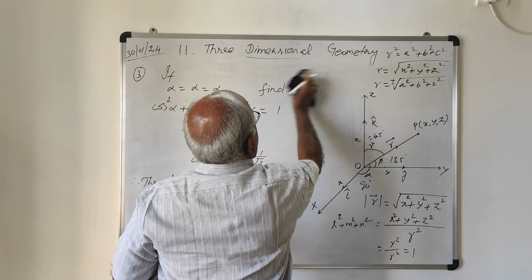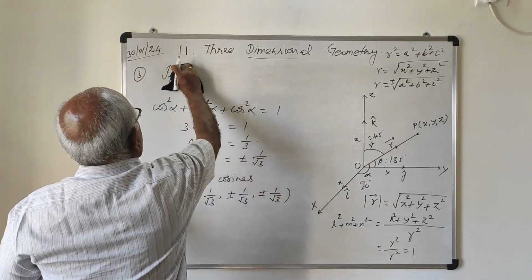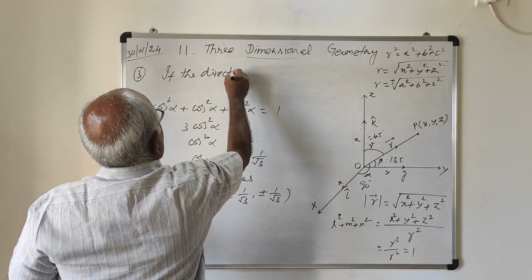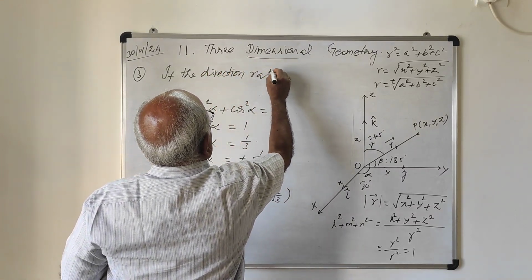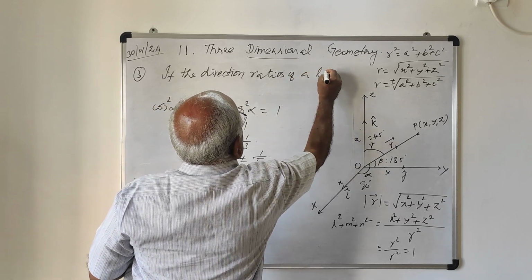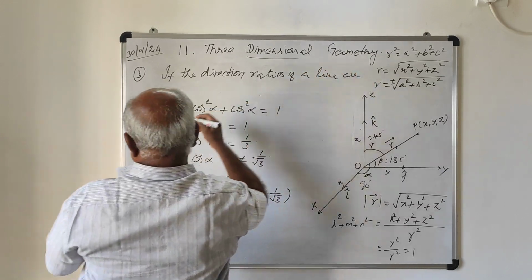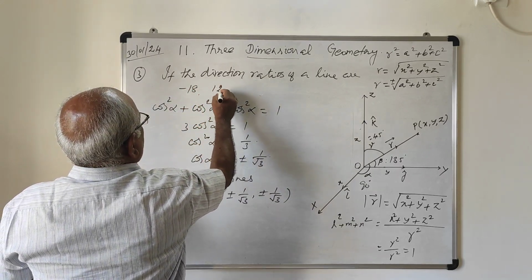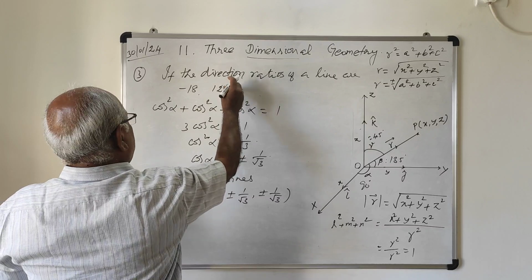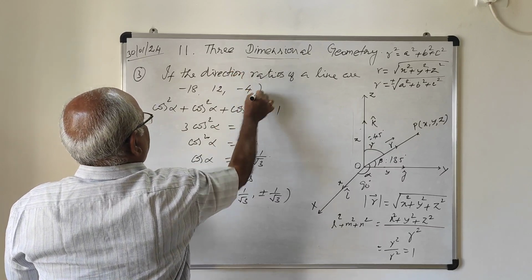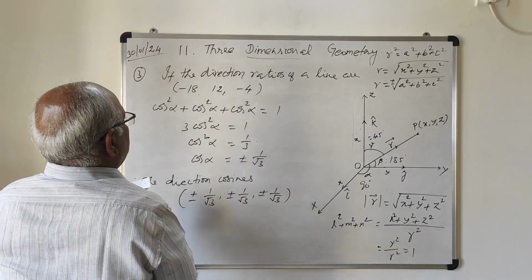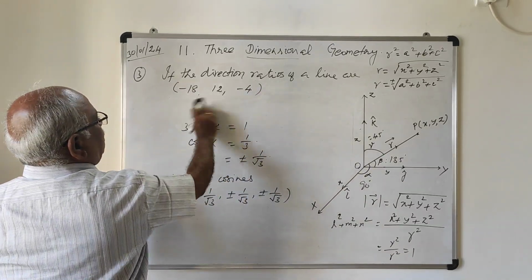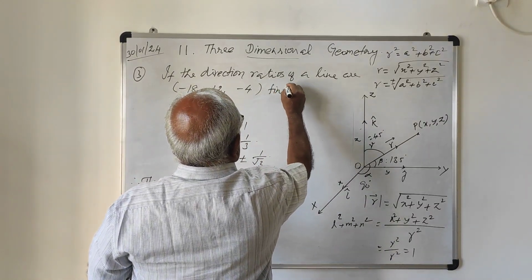If the direction ratios of a line are minus 18, 12 and minus 4, these are the direction ratios. Minus 18, plus 12, minus 4. These are the DRs given. Find the direction cosines. If the DRs are given, find DCs.